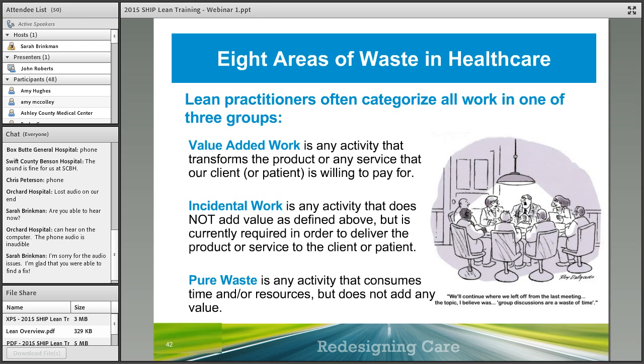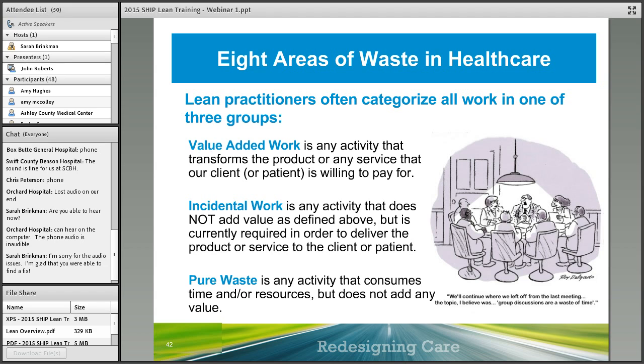When we're looking at waste in general in the different areas of the hospital, we're really looking at what we call value-added work. Those are work activities, steps in a process that actually do add value to a patient and that the patient would be willing to pay for. We also call it non-value-added but required work.